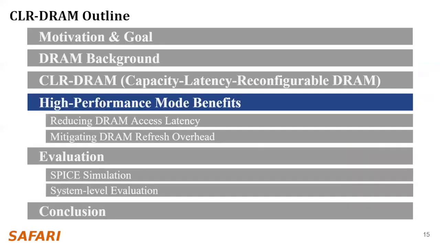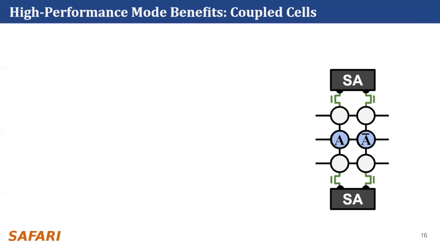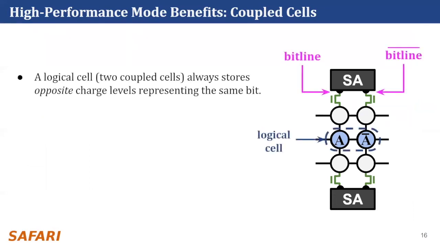Next, I will explain how the coupled operations in high-performance mode rows could reduce access latency and refresh overhead. I will start by describing what coupling two cells and two sense amplifiers enables. A logical cell always stores opposite charge levels in the two coupled cells to represent the same bit of data.